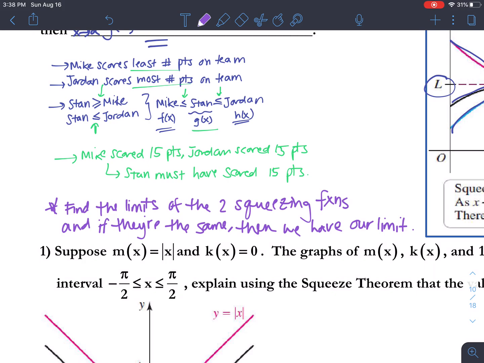So we find the limit of the top and the bottom functions, and if they have the same limit, by the squeeze theorem, we know that the middle function will also have that limit.